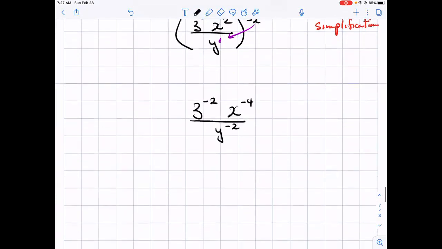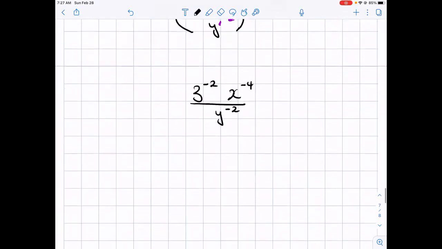Now, if we notice, there is no positive power, they have a bunch of negative. So here's a little trick. Look at each term. If you look at this here, the power is negative, and it's in the numerator.